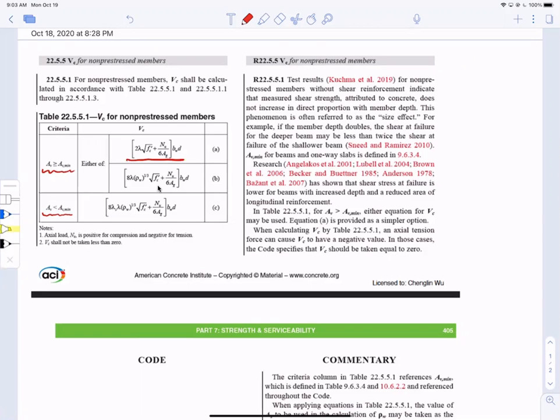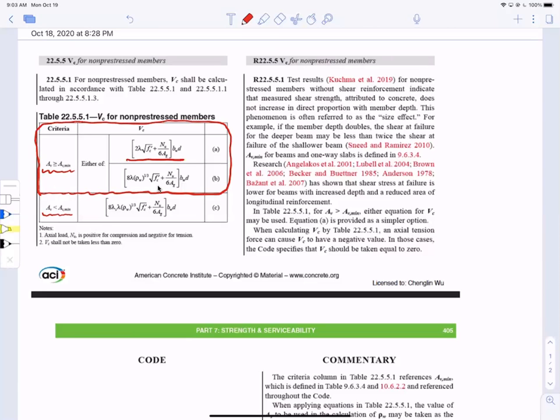That means you don't have any shear reinforcement at all, or have a very small amount. Now, typically we prefer the first criterion. All right, so at least provide something to resist shear.